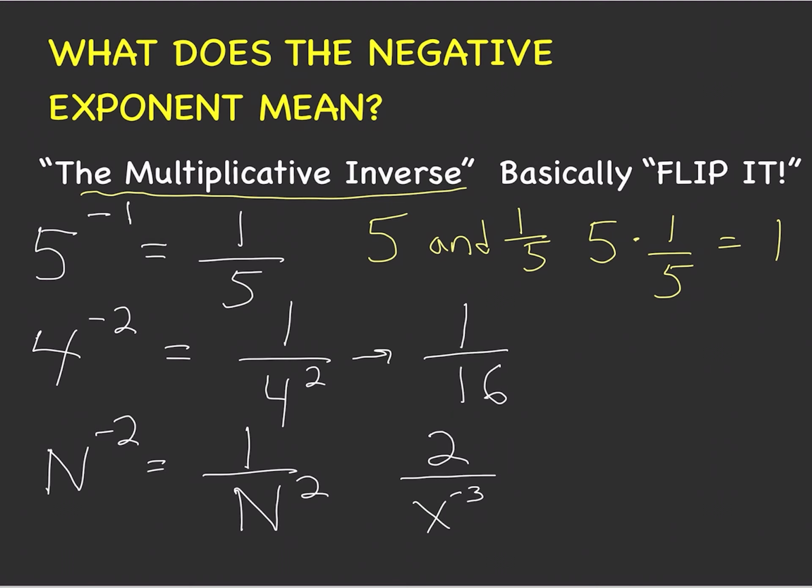So a number sometimes has to move if it has a negative exponent, but the 2 in this one has a positive 1, and we don't write the 1, but that means it's going to stay right where it is because it has a positive exponent. But that x to the negative 3 in the denominator has to come up, cross that line up to the numerator, and I'm going to have 2x, and now it's a positive 3.